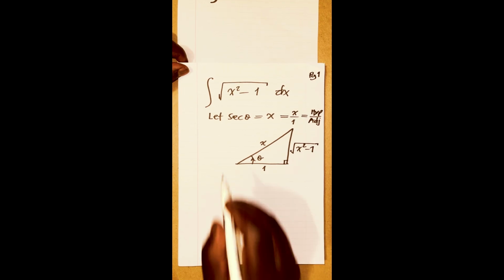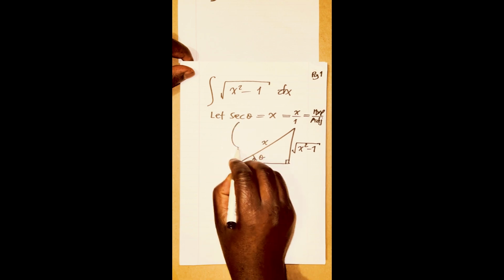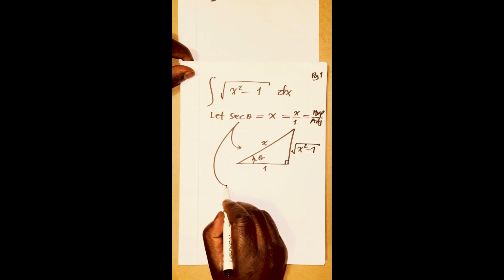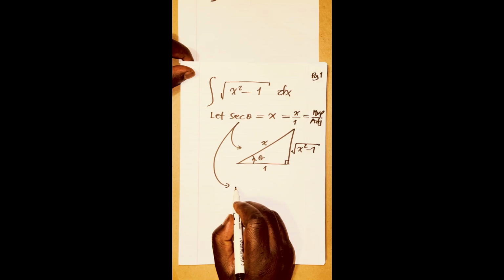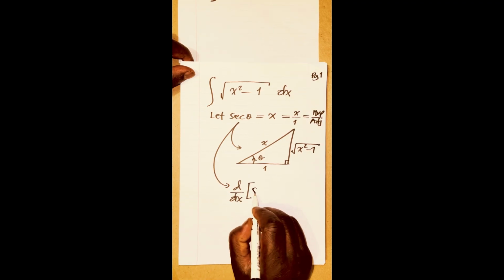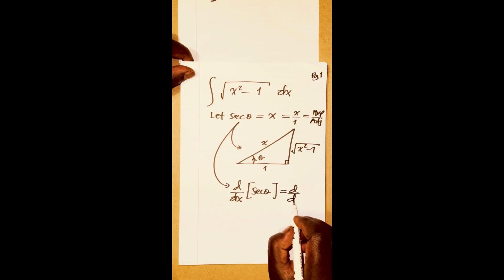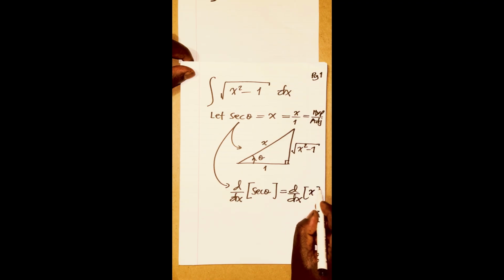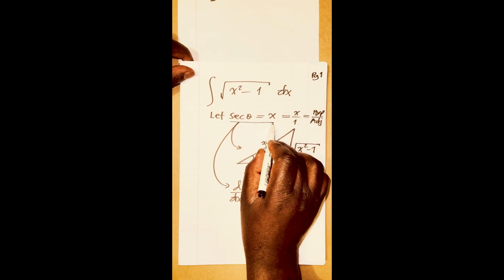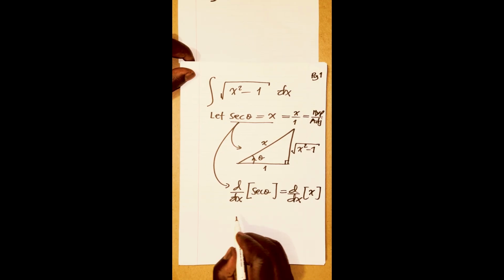And the second part would be to differentiate both sides of this equation here. So that is part 1. Part 2 would be to differentiate with respect to x both sides. Derivative with respect to x of sec theta must be equal to derivative with respect to x of x. Remember, we're looking at this equation here. Now on that part here, we're going to use chain rule, and you should recall that the derivative of secant is sec tan.